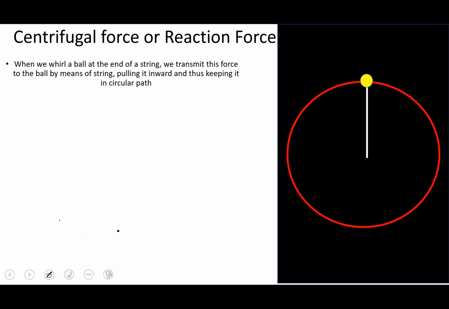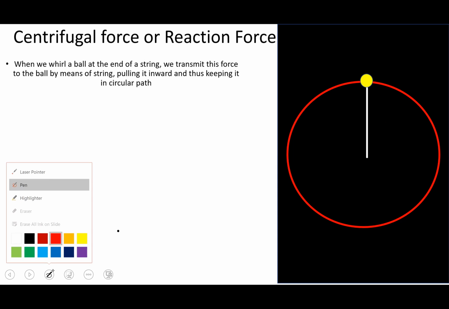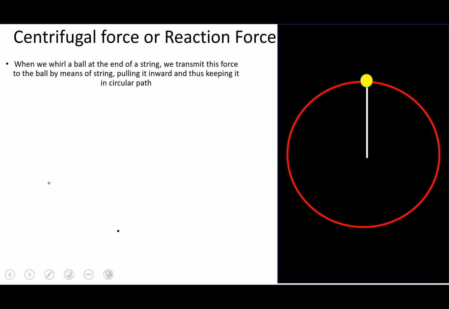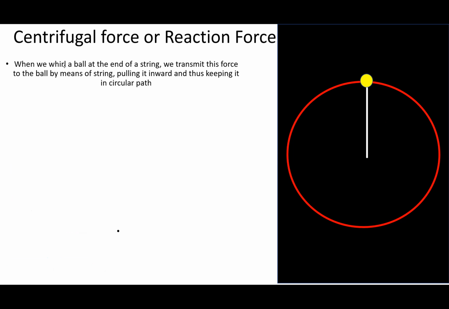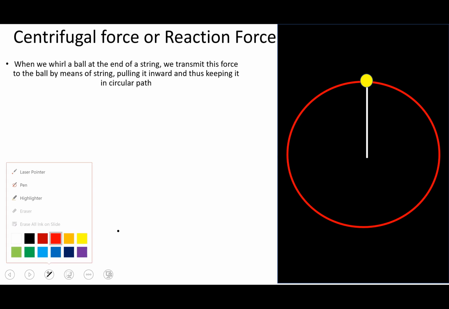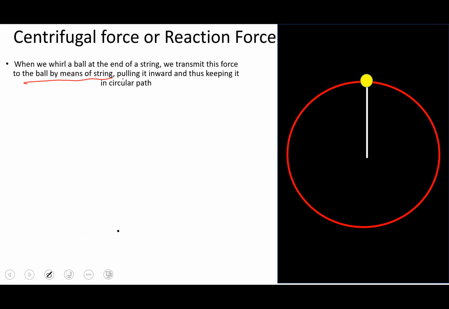When we whirl a ball at the end of a string, we transmit this force to the ball by means of the string. That means we are applying some force through the string onto the ball, pulling it inwards, thus keeping it in a circular path. That means we are compelling it to remain in a circle by pulling it towards the center.